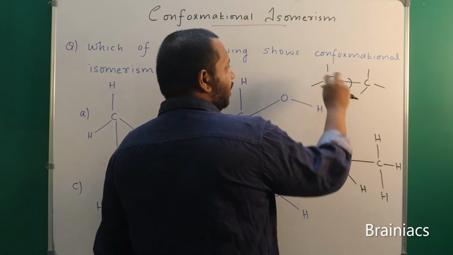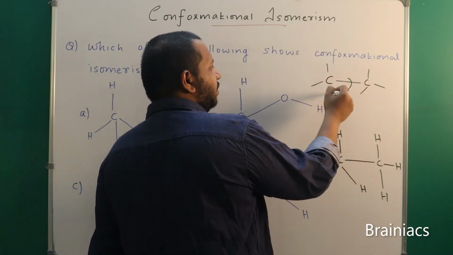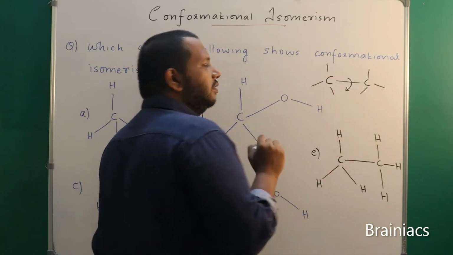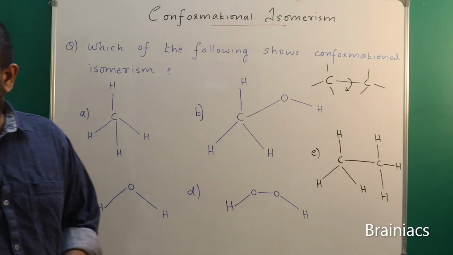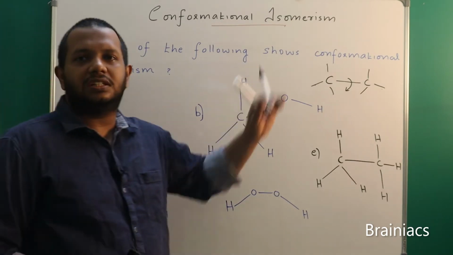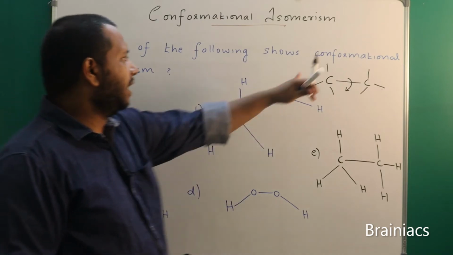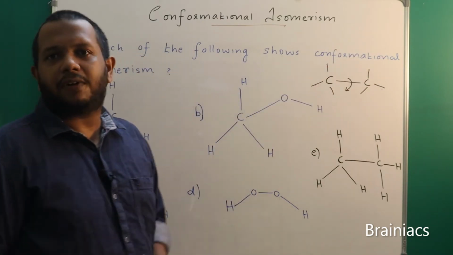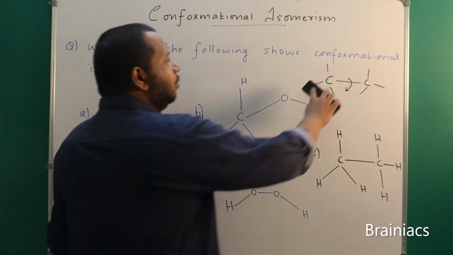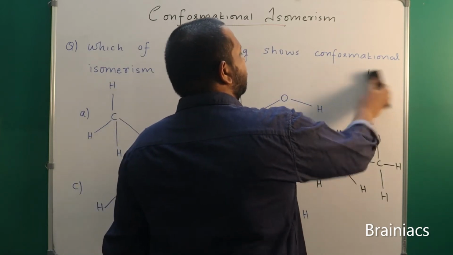When this bond is rotated, the position of these atoms changes relative to the other atoms. Because of that change in position of the nearby atoms, different conformers are available.